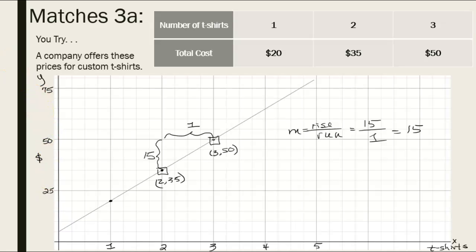Well, my y-axis is labeled in dollars per. What does the 1 represent on the x-axis? 1 what? Well, it looks like 1 t-shirt. So my slope represents $15 per t-shirt. Okay? Just labels. That's all that you have to do.